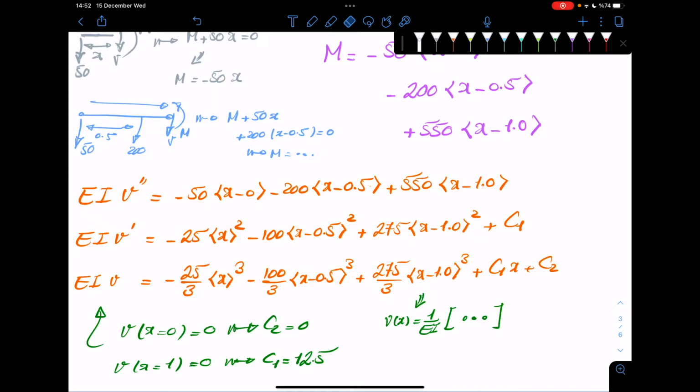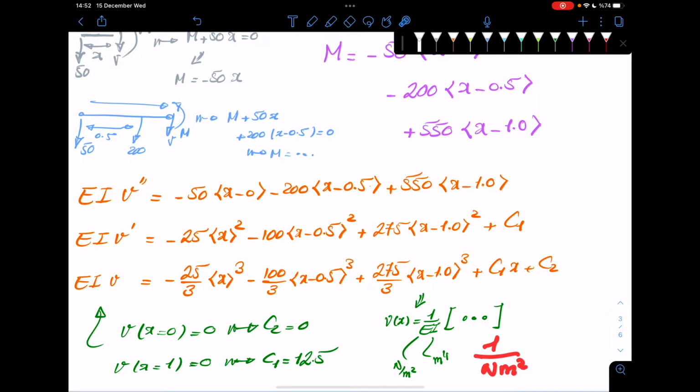If you think about the dimensions of these variables, E is Pascal, right? So let's say in our notation, that would be Newton per meter squared. I is meter to the power 4. So what you get in this coefficient is the inverse of that, which is basically 1 over Newton meter squared, right?